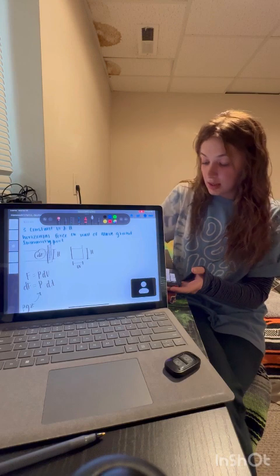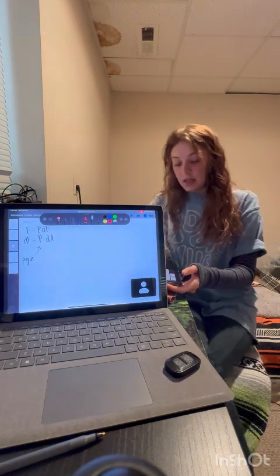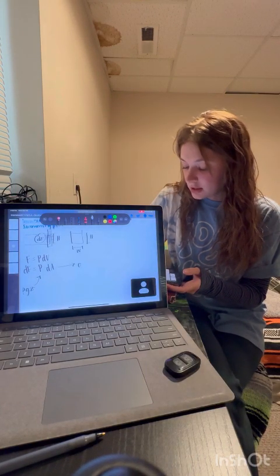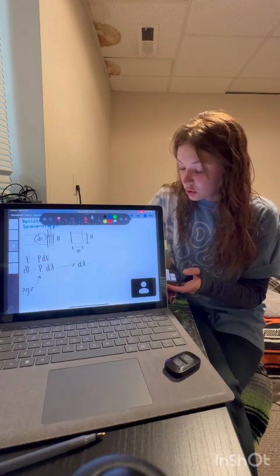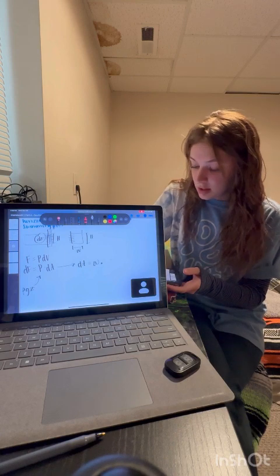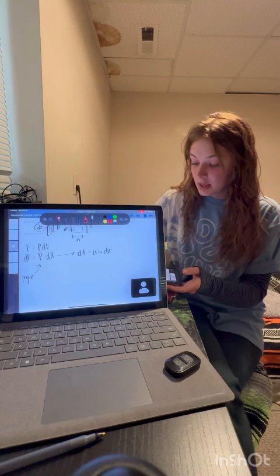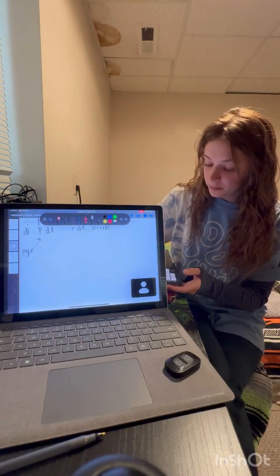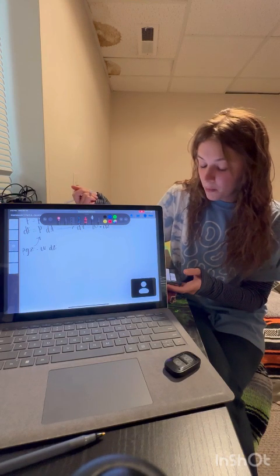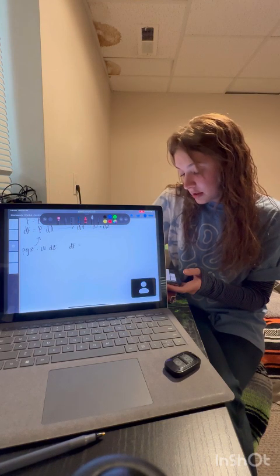So rho gz, and then we can find our dA as being equal to W times dz, or a cross section of the z dimension. So times W dz. Now our equation will simplify to this.